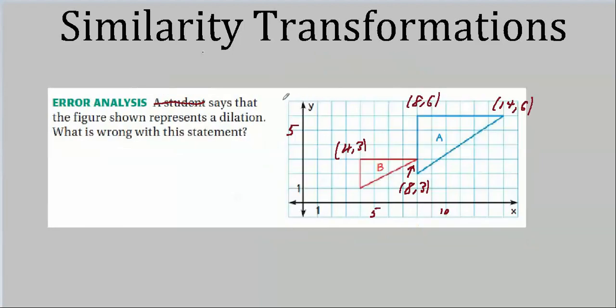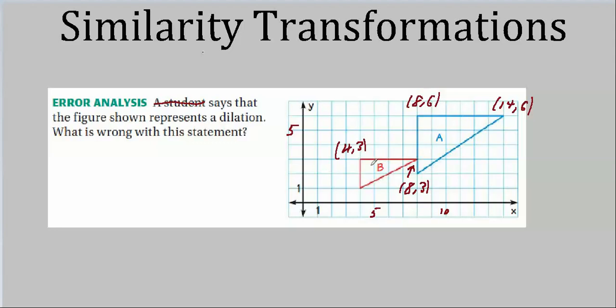Well, looks like the post office is doing geometry again, making some small mistakes again. What did they do wrong this time? Well, first thing we should do is find the dilation factor. Remember, that dilation factor has to be the same for every single point. And it looks like, let's call this the original and this the image.